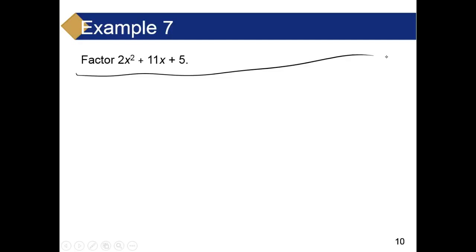Example 4. Factor this: x squared plus 7x plus 16. Okay? How would you begin? Try to see what numbers go up to make that 16.